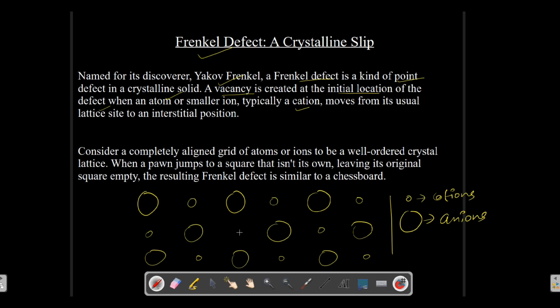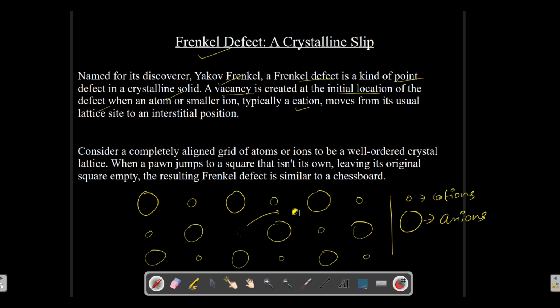Interstitial position simply means it was supposed to be over here. This was its original position, but it will occupy some other position like this. See, this is the position that it occupied. It was supposed to be over here, but it is now situated over here.